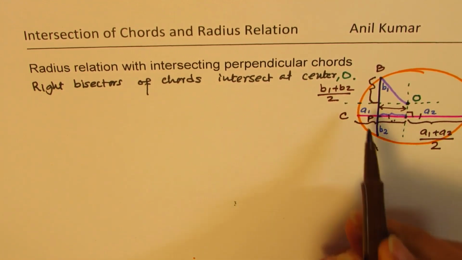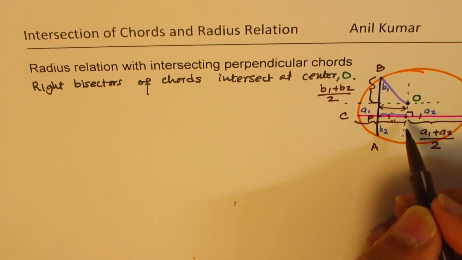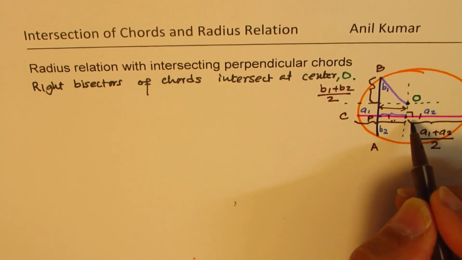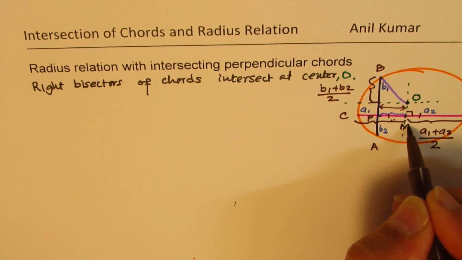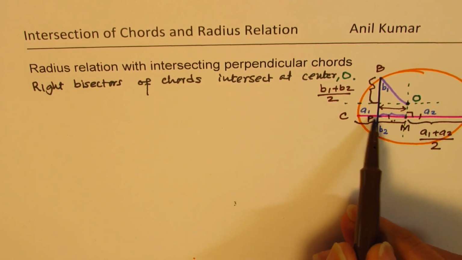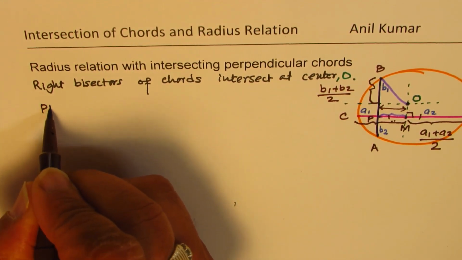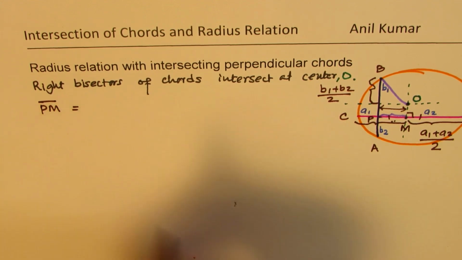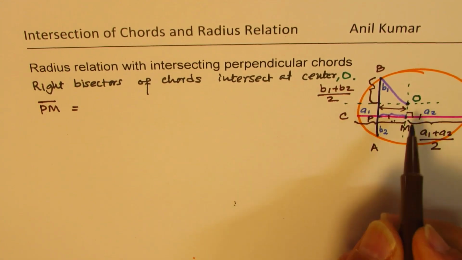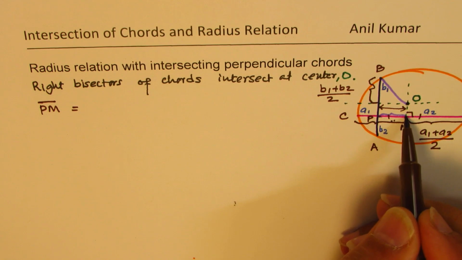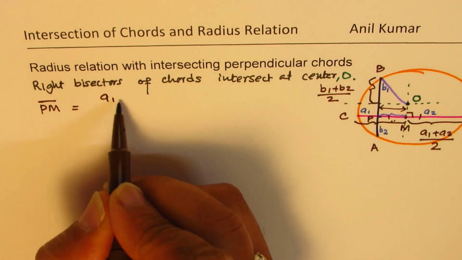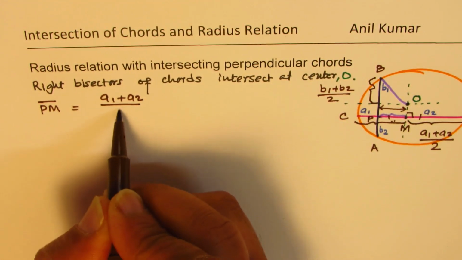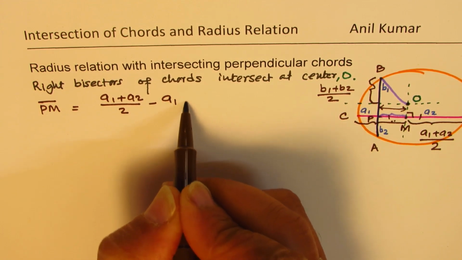Okay. Now in this case, this is the midpoint. Let me call that midpoint M. So what is PM equal to? Length PM will be half minus A1, right? So it will be A1 plus A2 divided by 2 minus A1. Clear?